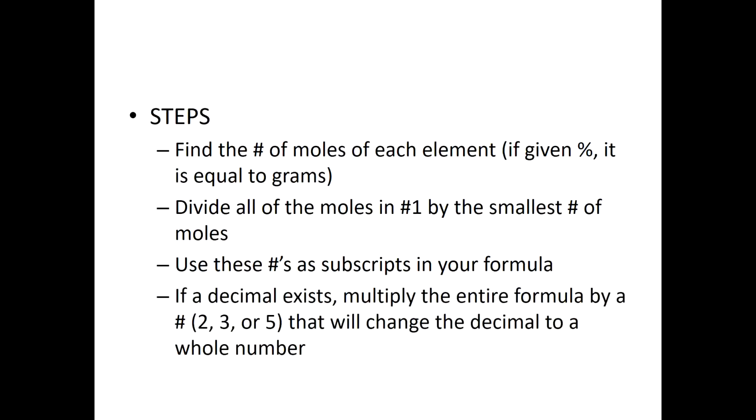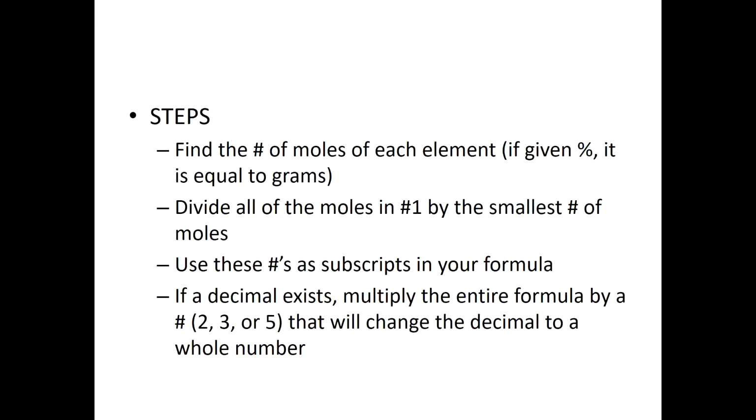But if you have a decimal, then you need to multiply all of your subscripts by the same number, some sort of multiple that will give you a whole number. So if one of your subscripts is 1.25, you'd need to multiply them all by 4 to get that to be a whole number.